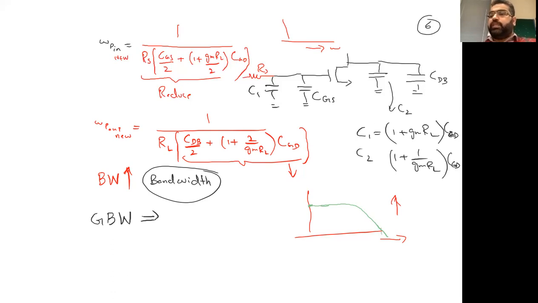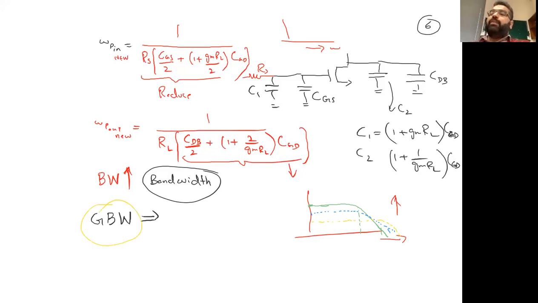Let's, for simplicity, say this is a 3 dB bandwidth, or a unity frequency. If I just tweak the same thing down, everything else remaining the same, what will happen? Here you can see the bandwidth increased, gain reduced. Similarly, if I further reduce it, the bandwidth increases, gain reduced.